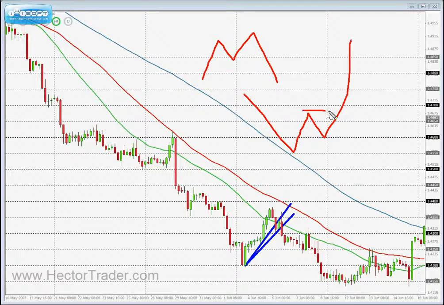Remember, entry as the aspect number 2 is taken, stop loss a few pips beyond the aspect number 3, right there, and always in the direction of the main trend, and always right off an area of heavy confluence or heavy support or resistance if you are in a downtrend.